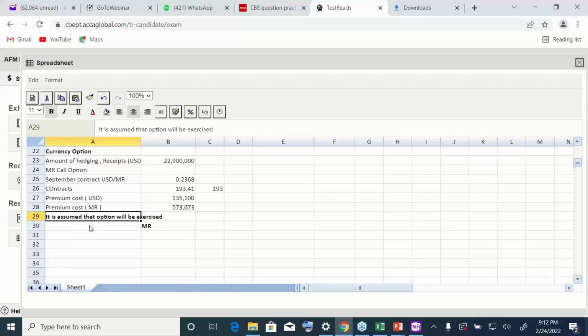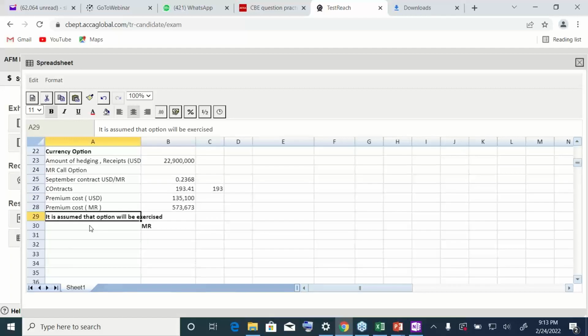We have entered into a contract to buy, to receive MR.